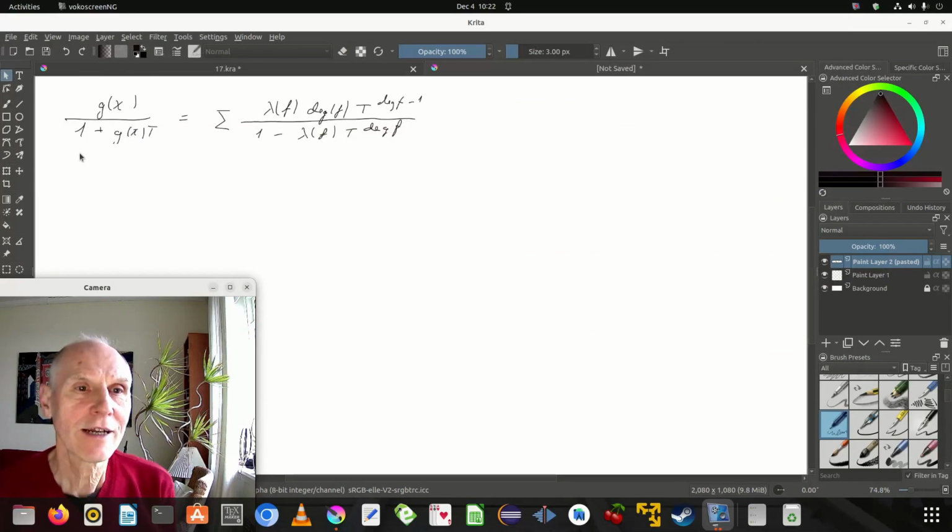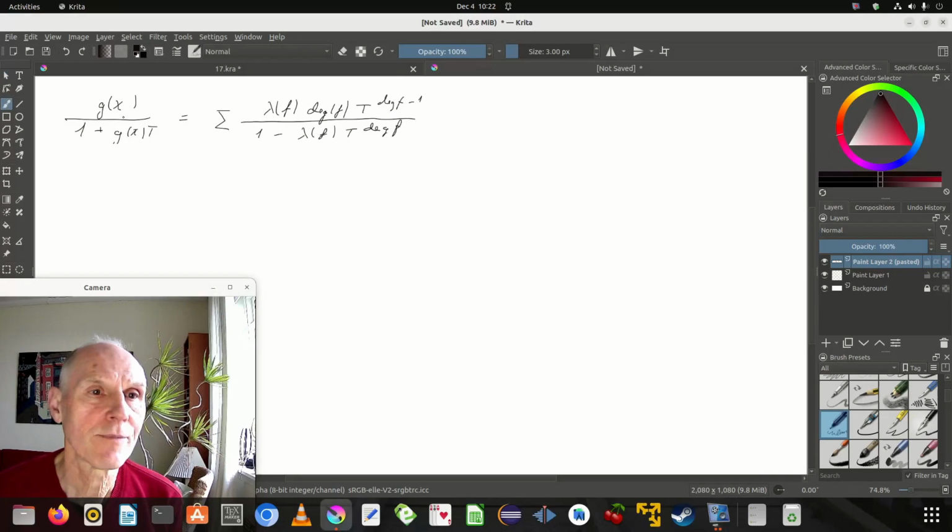I just had an idea. Expanding this side gives G of chi, the sum of minus G chi t to the nth.